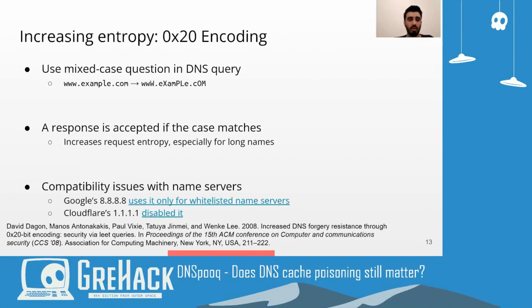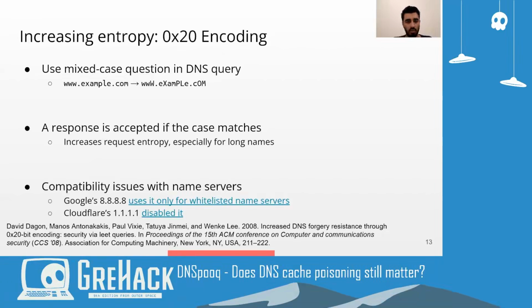So in another attempt to increase the entropy of queries, a simple way called 0x20 encoding was proposed, in which the stub resolver specifies the domain name in the question section in mixed case, so lowercase or uppercase randomly chosen. And the response is accepted if the case matches. And this is useful especially for long names.